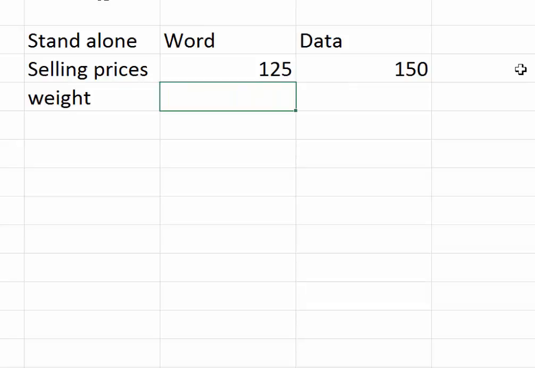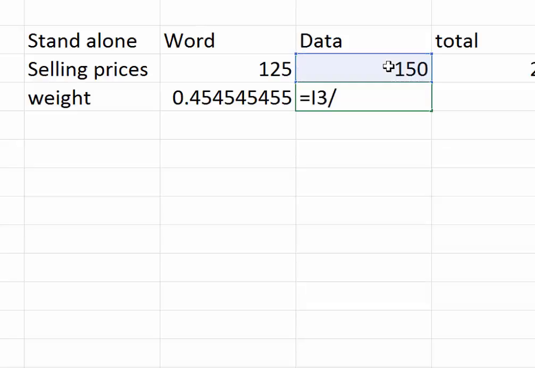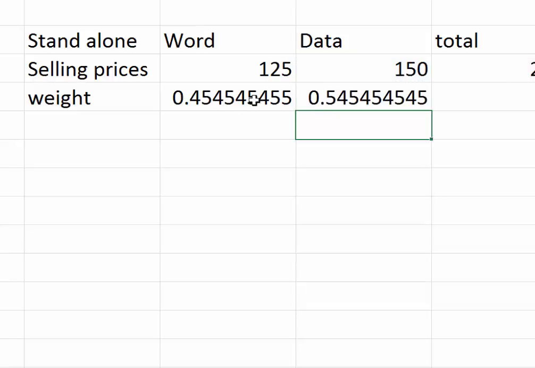Let me add them together: 125 plus 150 equals 275. For the weight, Word is going to be 125 divided by 275, which is this number. For the Data, it's going to be 150 divided by 275. So we have the weights, and if you add them together, you should get 100%.